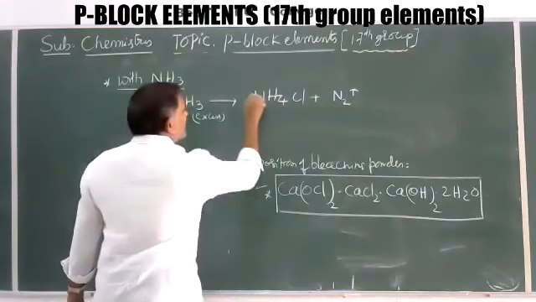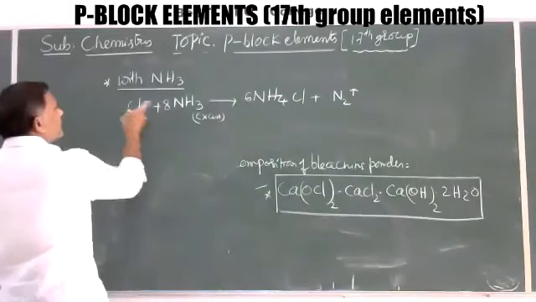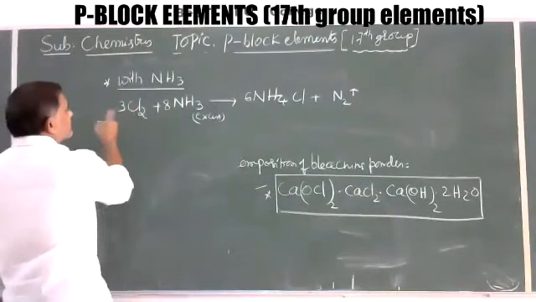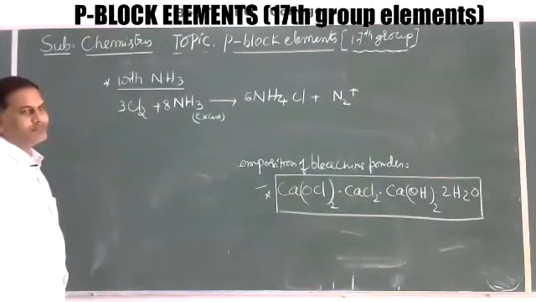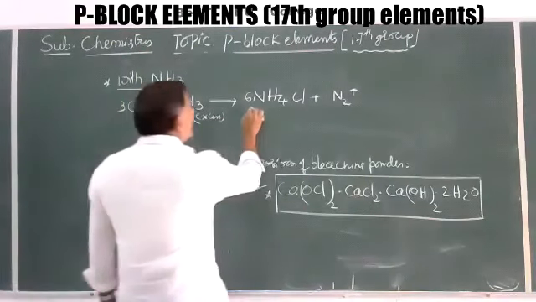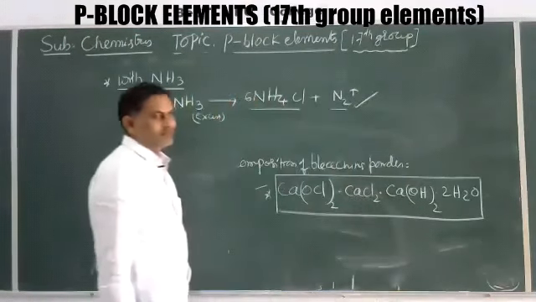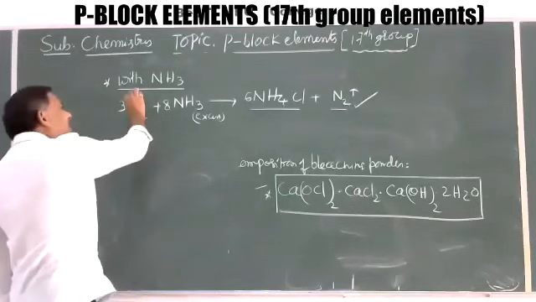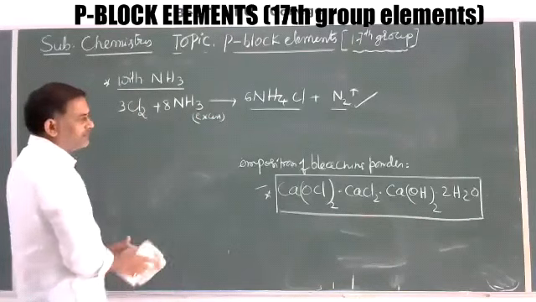Here 2 is there, take 6 moles, 6 Cl required. That's why 6 means 3 moles of Cl2. So ammonium chloride and nitrogen gas are liberated. So chlorine is also used in the preparation of ammonium chloride.